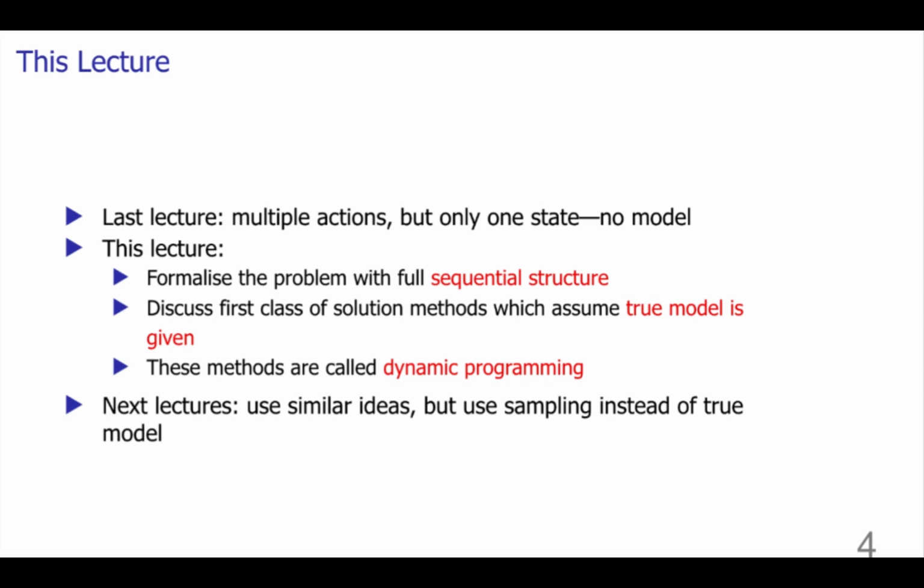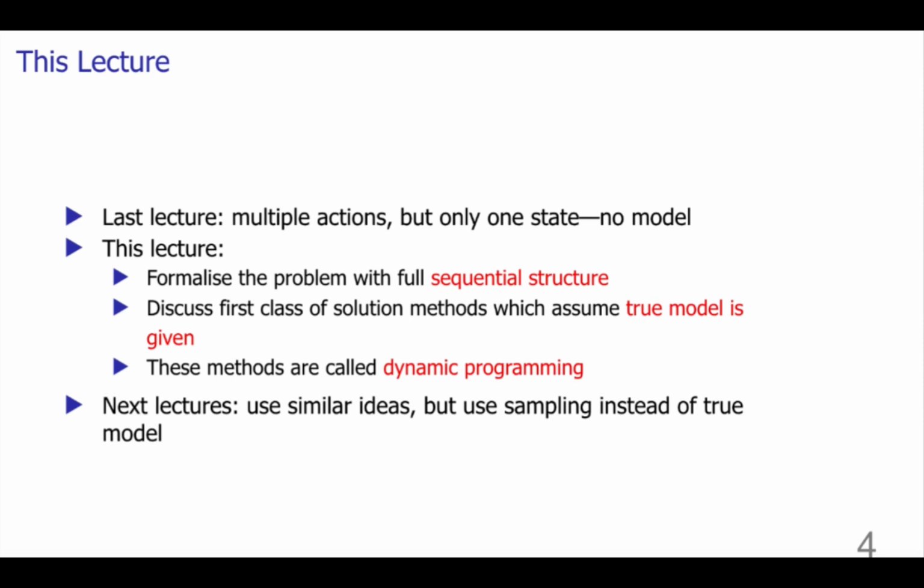For instance, in the multi-armed bandit problem, the agent can pull one of the many arms from the multi-armed bandit environment, but the state is simply one, right? So we were not considering any model at that time. But here we are going to consider multiple actions with multiple states in general, but we will also constrain the environment a little bit for the ease of pedagogy.